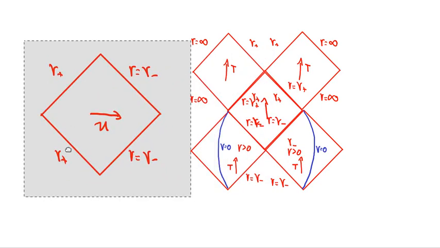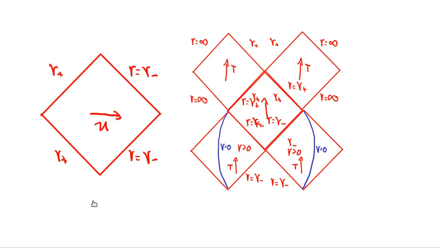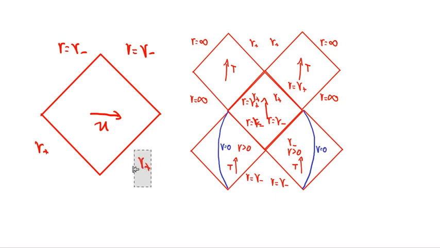Okay, but now, well, we have matching sides, but we don't have matching time orientation, so we have to rotate this in order to get a time orientation. We have to rotate this counterclockwise. Okay, so this label goes here, this label goes here, this label comes here, and this label comes here.